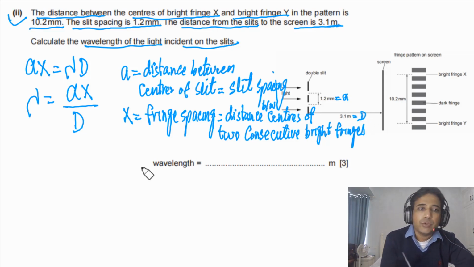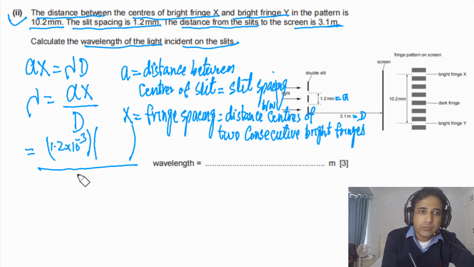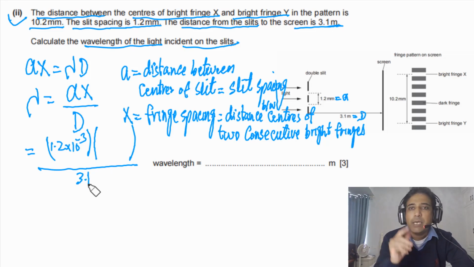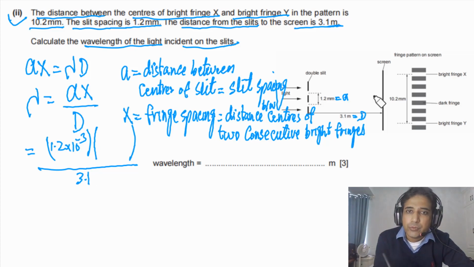This distance is not x, and this distance between slit and screen, we call capital D. So here we have the value of A, that is 1.2 millimeters, but the value of x we need to find out. The value of D we have, that is 3.1 meters. So you have to be careful with units. Now the question is how we can find x. So we need to look at this. You see we have a bright fringe here, and another bright fringe here.